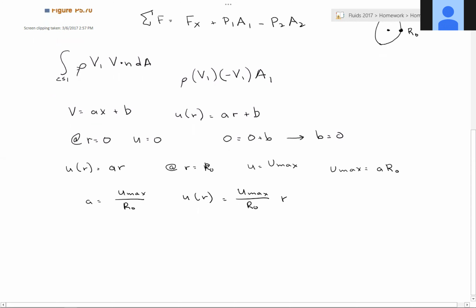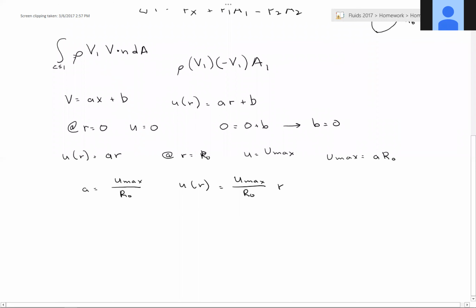So what that means is that our left-hand side, which we know, which is V1A1, equals, and we're going to get rid of the rho, is going to be equal to this integral of U of R dA. Okay, so normally we would say V1A1 equals V2A2, but we can't because that V2 isn't constant.